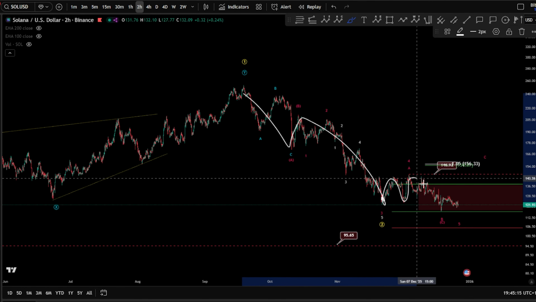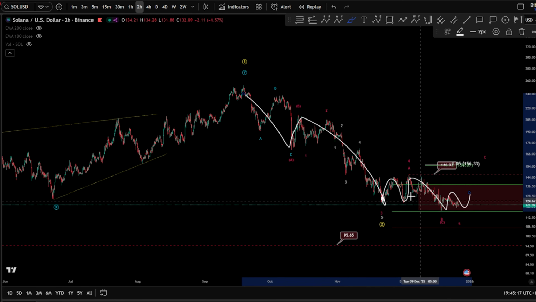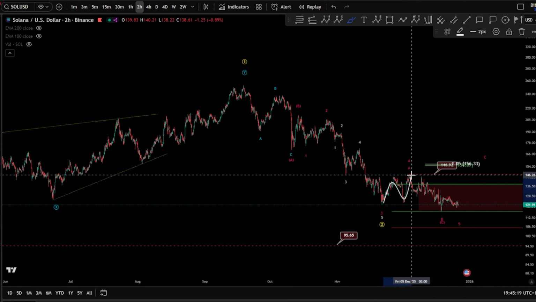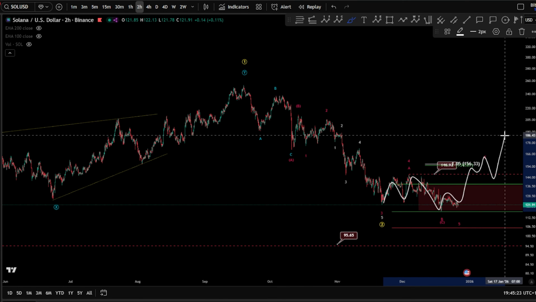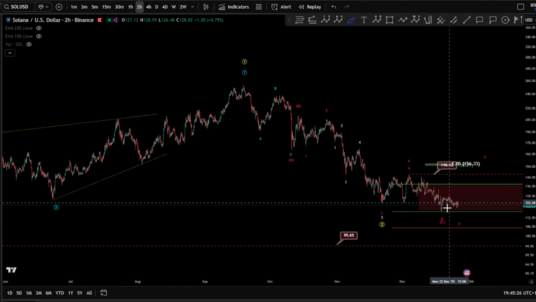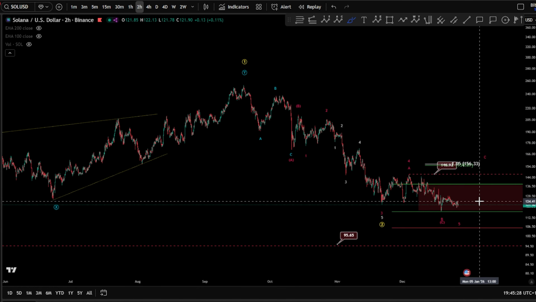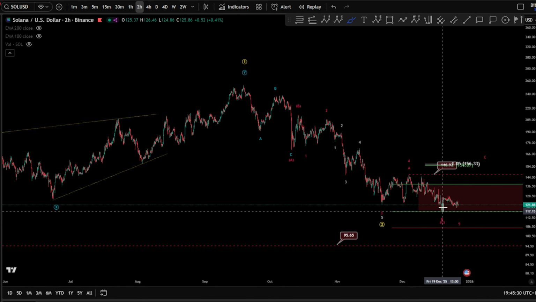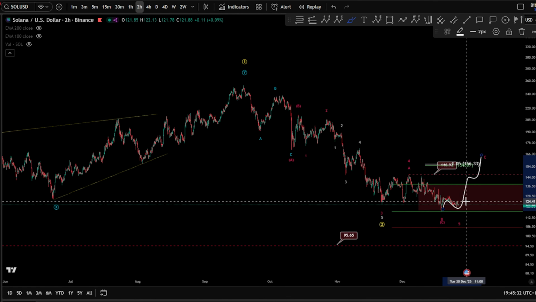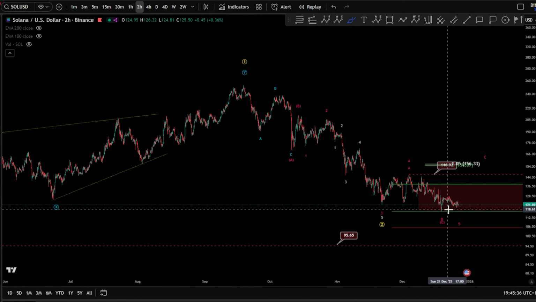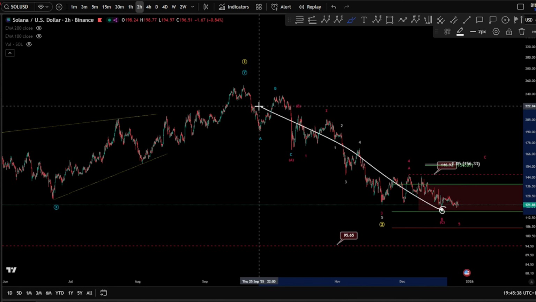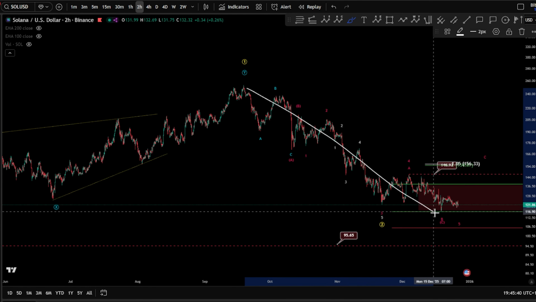And we're looking for something else here, which is very complex again, like W, X, and a Y again for higher. Can be 3 waves. Nobody knows, guys. But we need to see something impulsive in the opposite direction, just to signal that there is something else, or that we have bottomed at least for this structure, and we know that this structure is done.